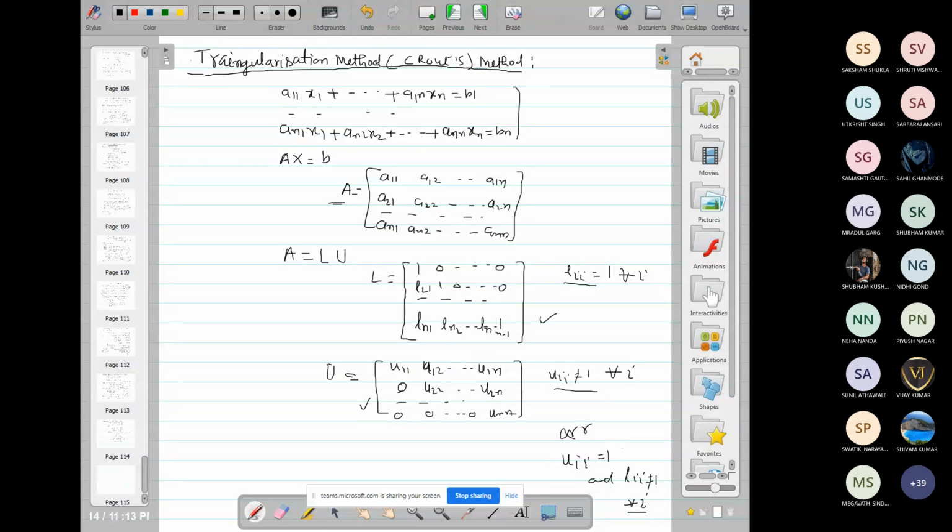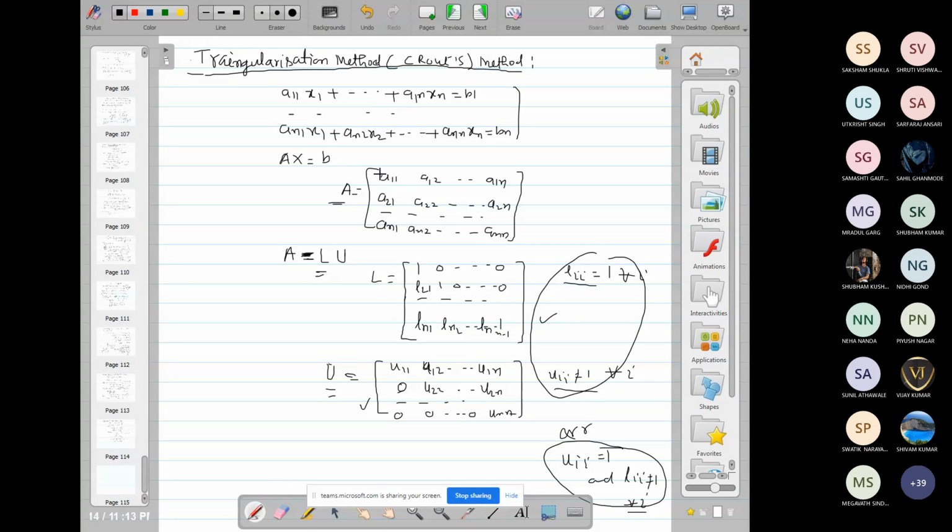We take either this condition or that condition in any particular problem. Here L is the lower triangular matrix and U is the upper triangular matrix. Always we can express a positive definite matrix, that is a square coefficient matrix, as the product of lower and upper triangular matrices.